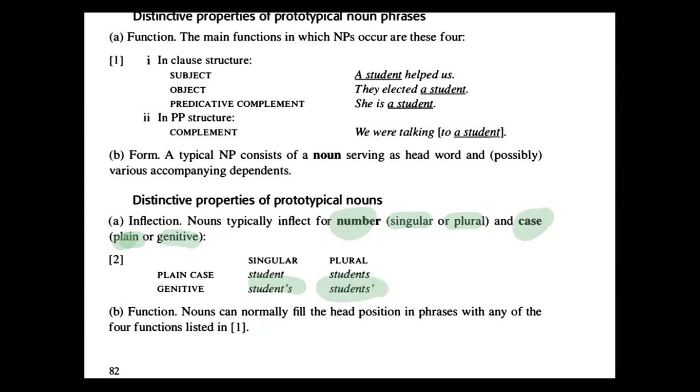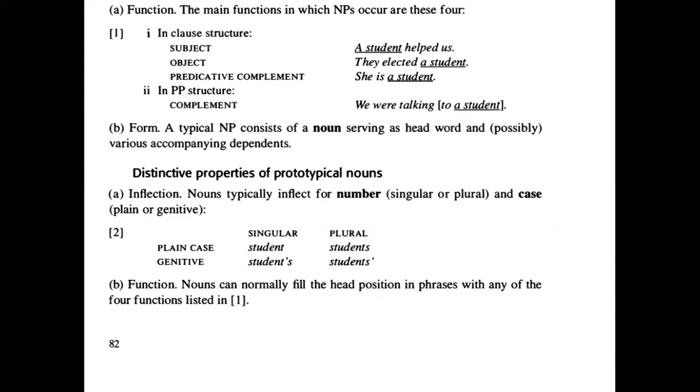So we got the plain case, it means حالة سهلة, the normal situation of the noun, while genitive is مضاف إليه, لما بدي يكون في اسم عائد على اسم تاني, like for example, students' classroom.